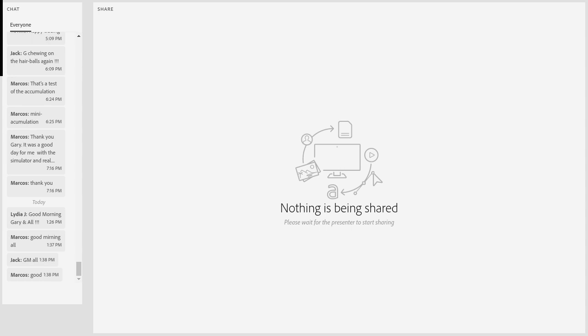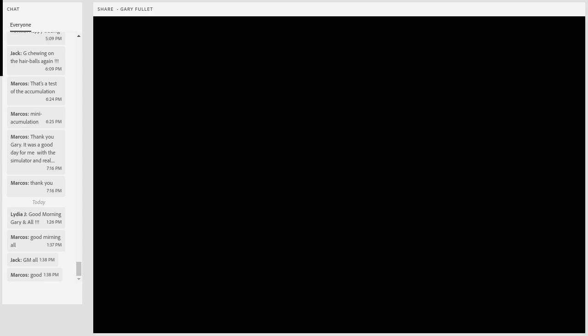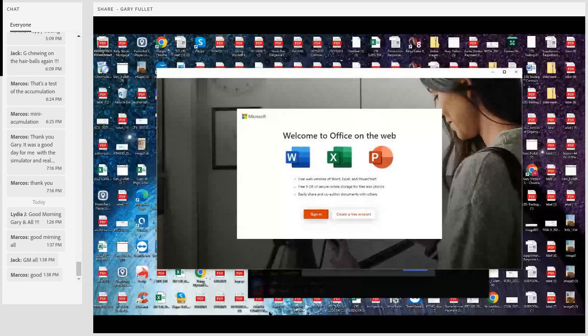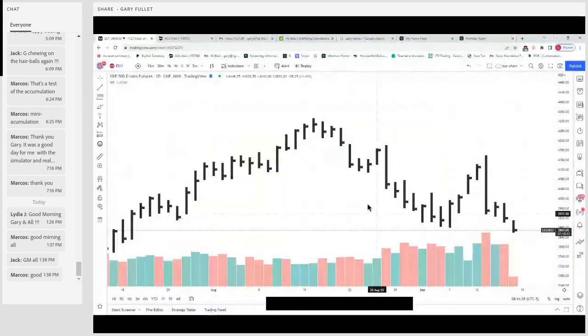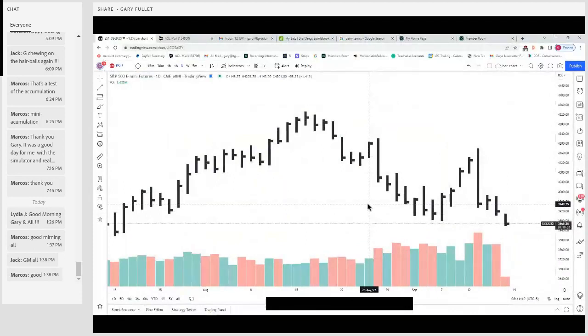And let me do here. Okay, recording. Good. Okay. So here is the chart, and you can see the market has some couple observations here that are very important.